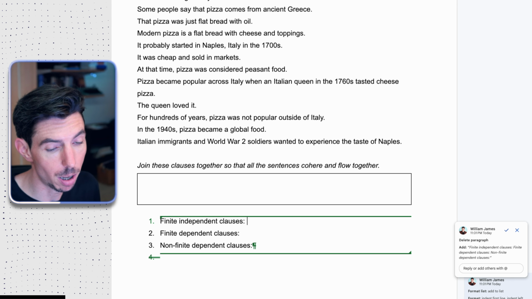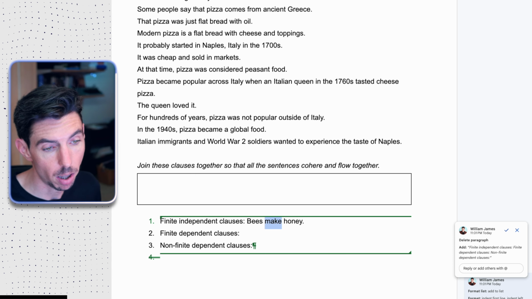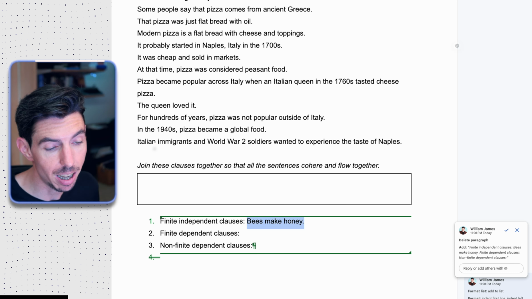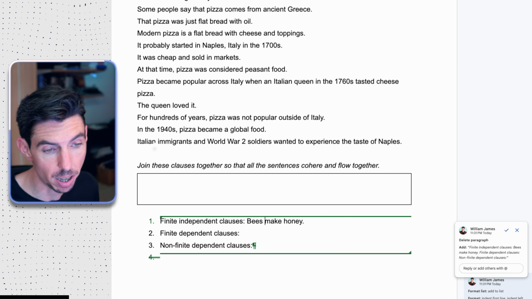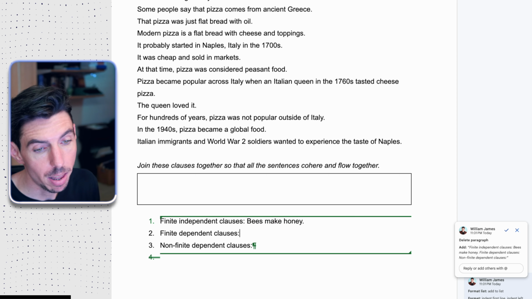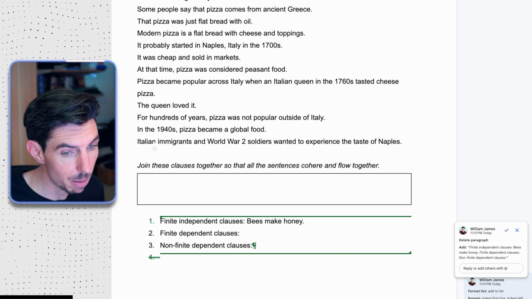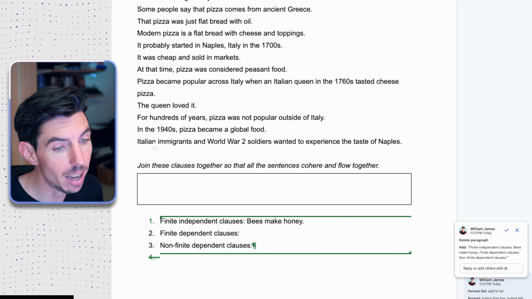So, bees make honey. There we go. The verb has tense. It is an independent clause. There's a subject and a verb with tense, so it's an independent clause. Now, the next kind of clause looks like an independent clause, but there is a slight difference.